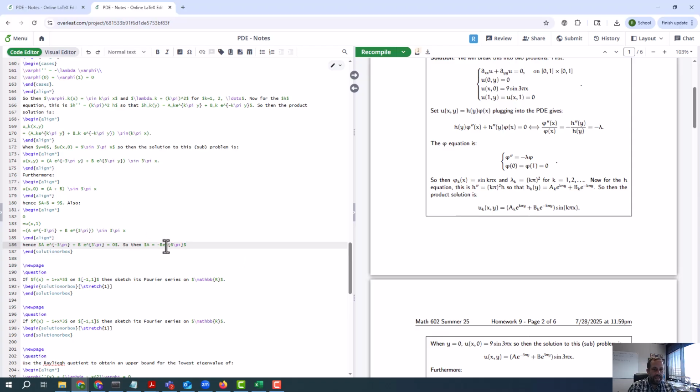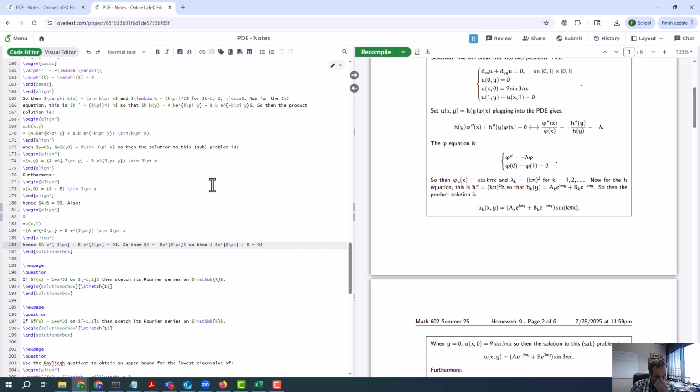Okay, so if we take that and plug it into a plus b is equal to 9, then minus b e to the 6 pi, plus b is equal to 9.